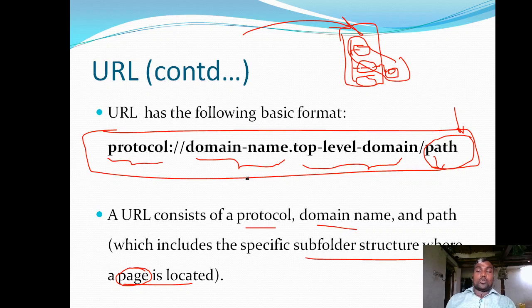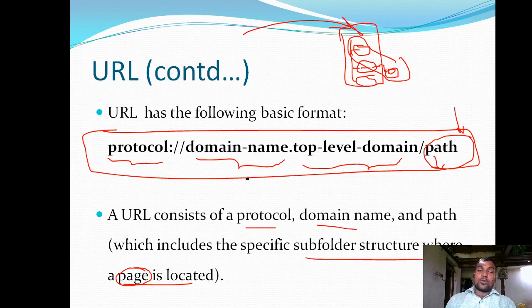With the help of those protocols only we are establishing the communication between the client and server. Some are secured, some are not secured, and some are specifically designed for a specific purpose, like FTP. FTP is purely designed to transfer files between client and server, and SMTP is the simple mail transfer protocol.